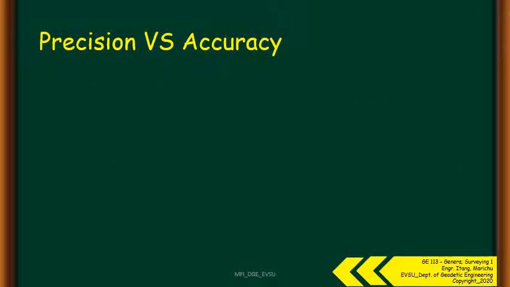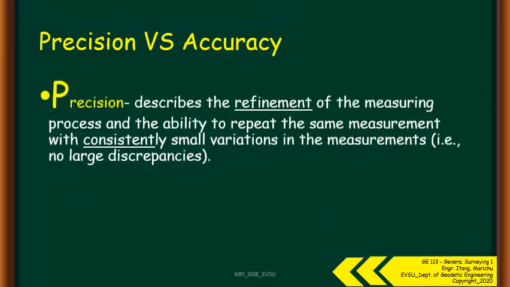We have here precision versus accuracy. So, in the past slide, we mentioned what is precision and why we need to conduct a survey precisely or accurately. So, when we say precision, it describes the refinement of measurement process and the ability to repeat the same measurement.